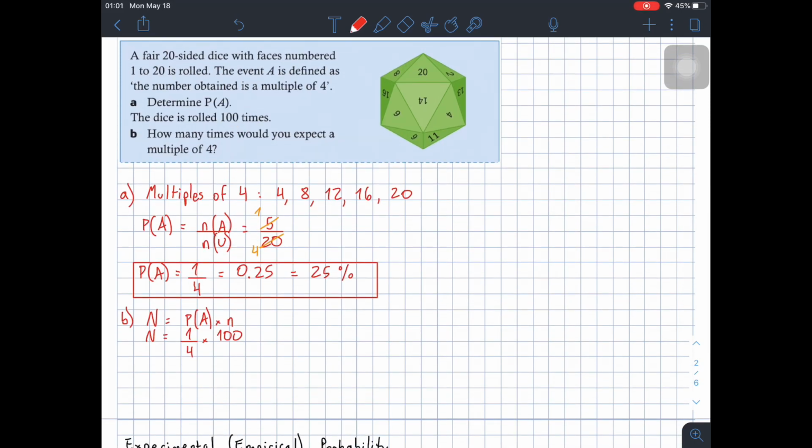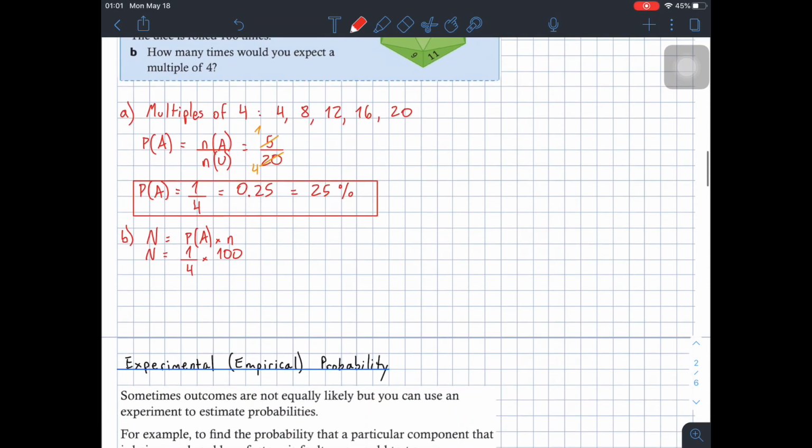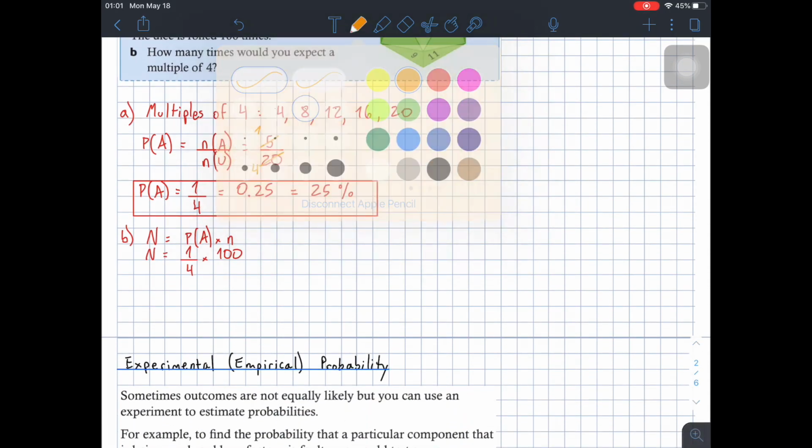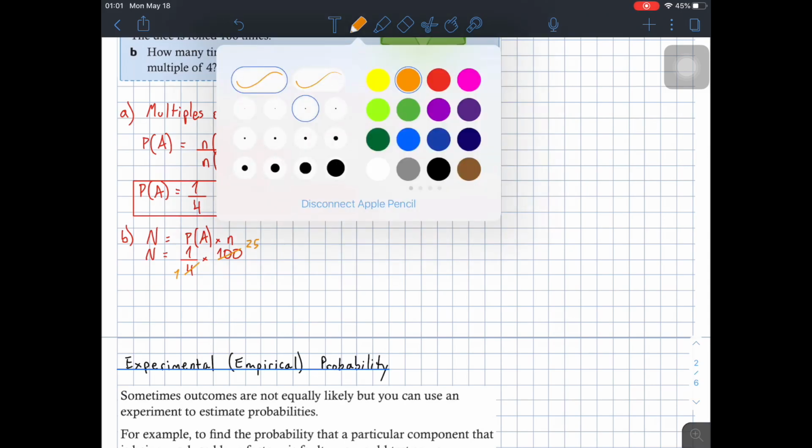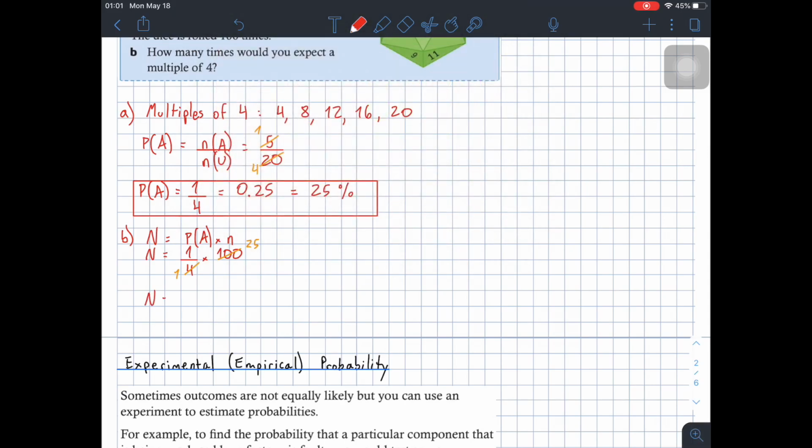If we roll it 200 times, it would be 200 and so on, okay? So 1/4 times 100, there's no need to use a calculator for this. We can simplify the 4 to 1, and the 100 to 25. So we would expect that the number of times we should get a multiple of 4 is 25 times.